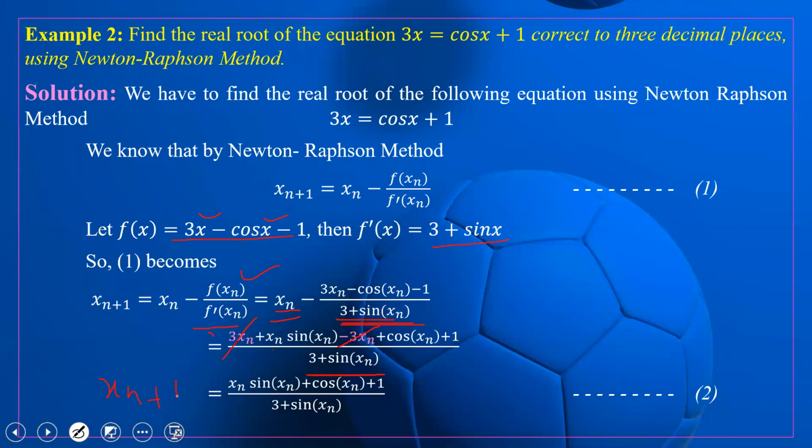Now let us find out its roots. Let us put f of 0. What is f of 0? It is 0 minus cos 0, and cos 0 is 1, so 0 minus 1 minus 1, it is minus 2.